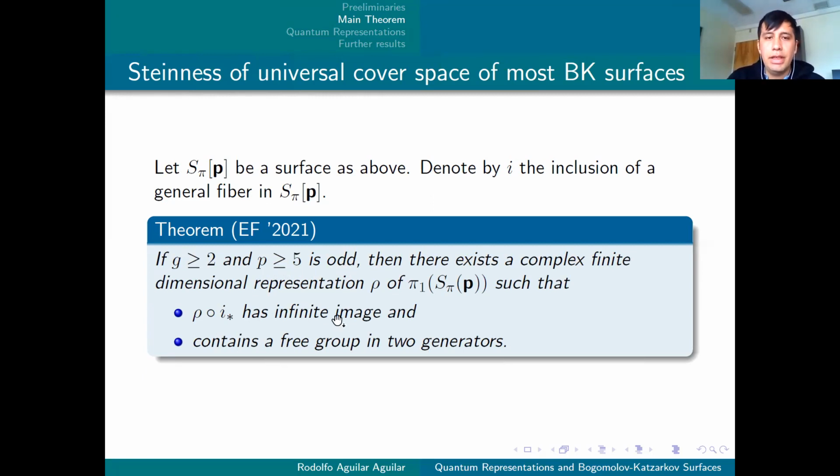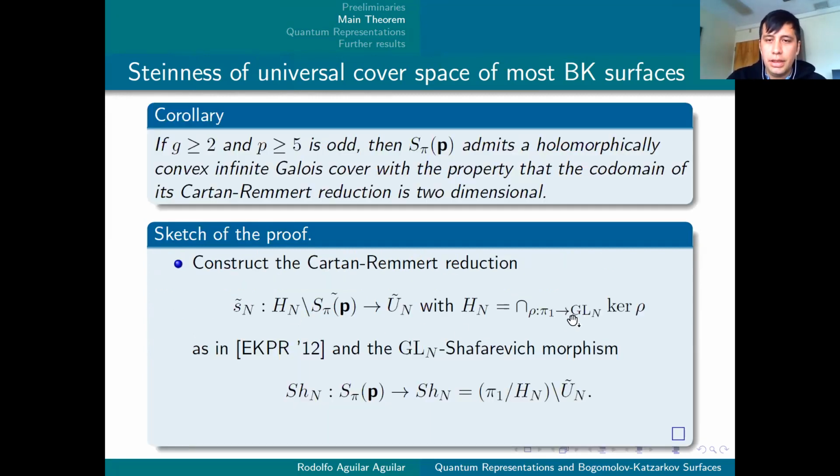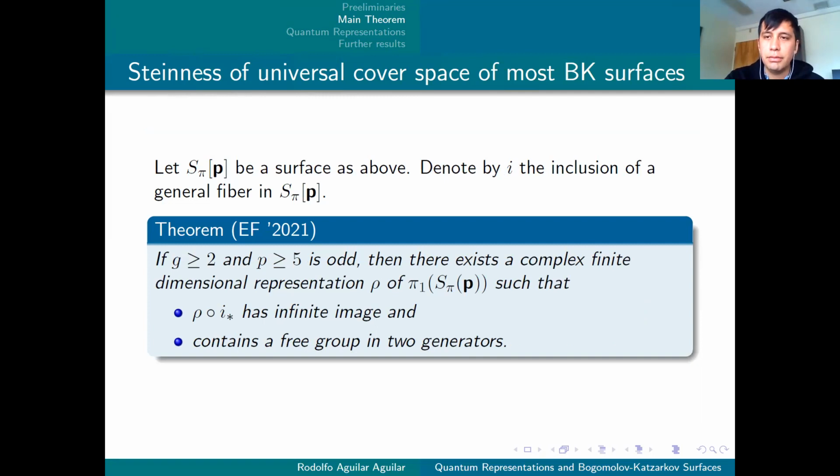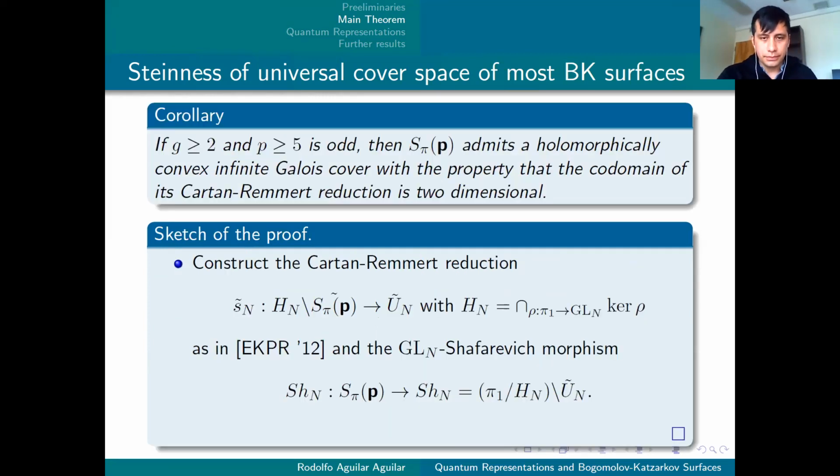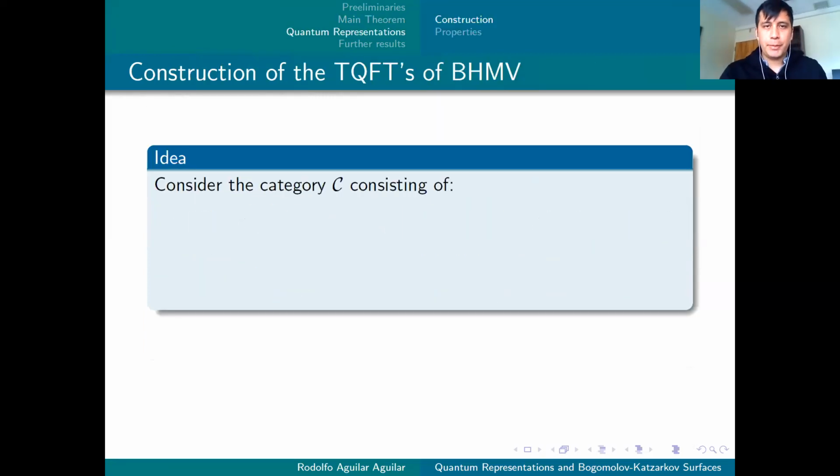So that's why we really need the infinite part here. If we have infinite image, then we will have an infinite cover here, and if not, it is just going to be a finite cover. And well, that's compact. Okay, I see. Thank you. I hope it becomes clearer here.